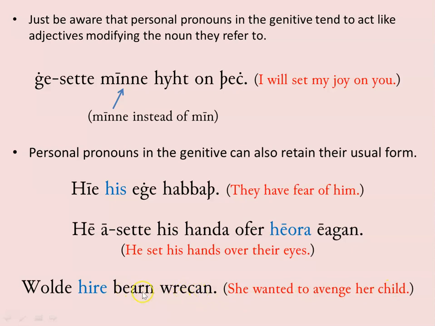Reckon, avenge, bern, child. Here, hair, and Wold, wanted. So she's the one who's wanted. So wanted her child to avenge. A more literal interpretation, but you have to realize that the hero here is connected with the wanted, and you have to translate as she is the one who wanted to avenge her child. And that's it.